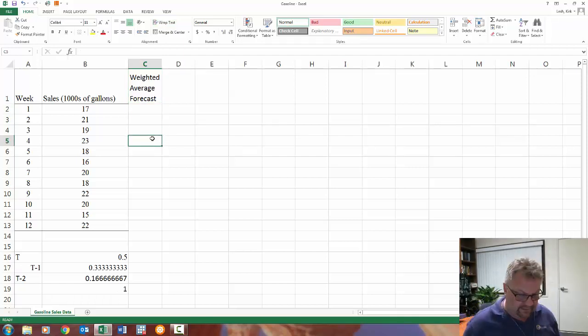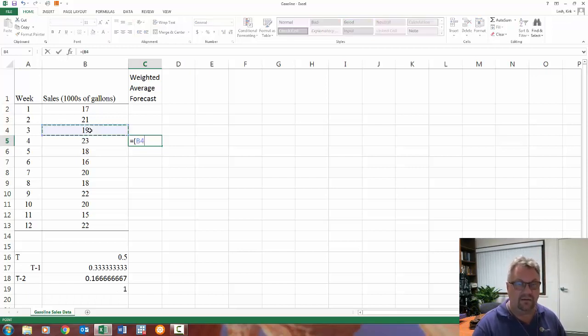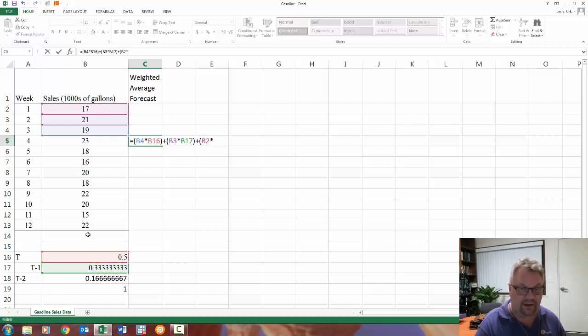So the way you want to set this up is as follows. I'll take the previous period, multiply it by its weight, add to it the T minus 1 period multiplied by its weight, and then the T minus 2 period multiplied by its weight.